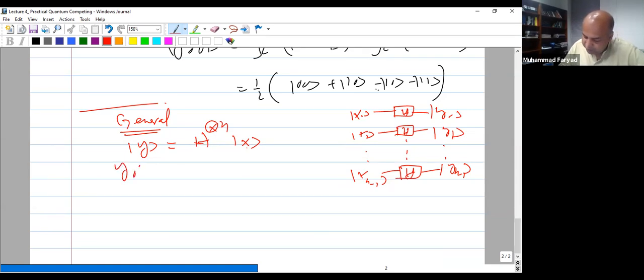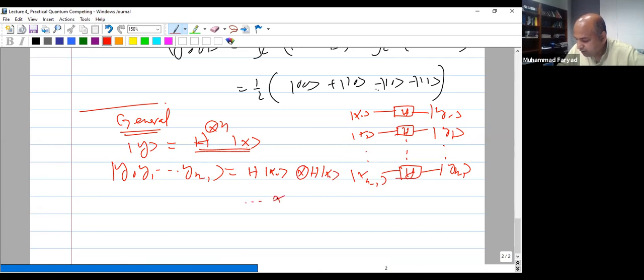And this can be written like this as well: Hadamard on x naught, Hadamard on x1, all the way to Hadamard on x n minus 1. By the way, some people would write y naught on the right side and y n minus 1 on the leftmost side. So there are two conventions for this.